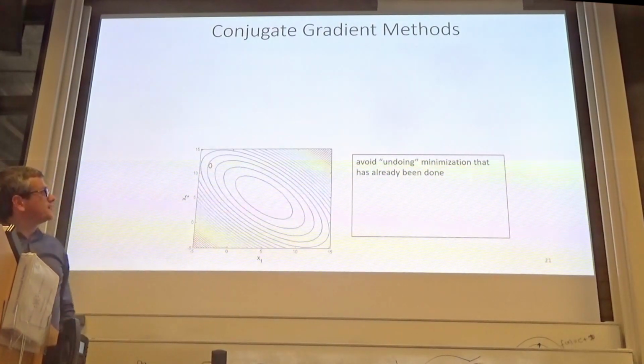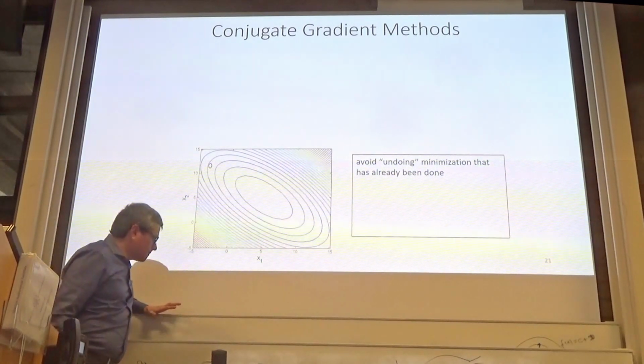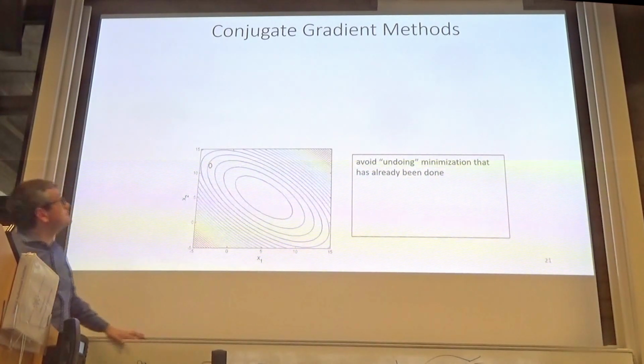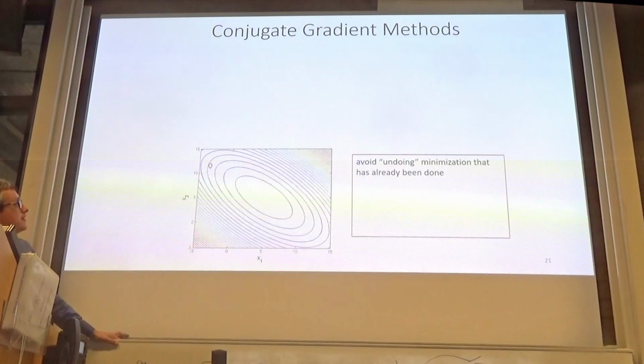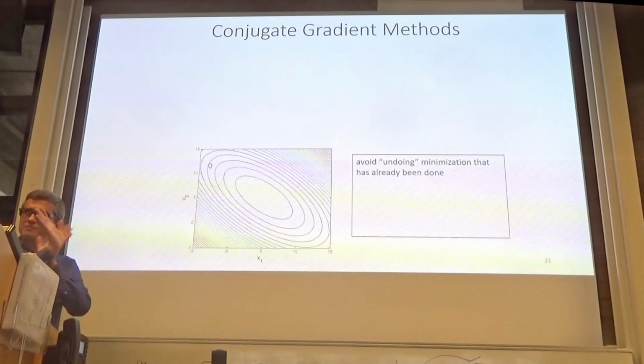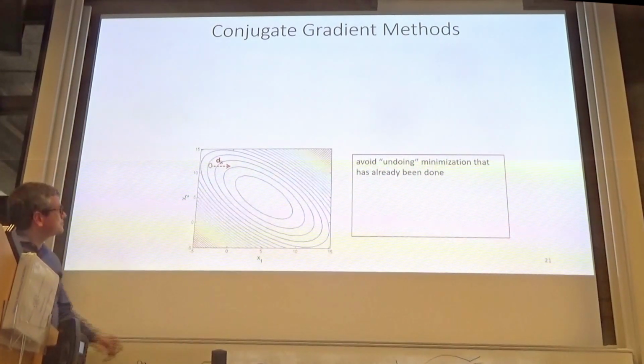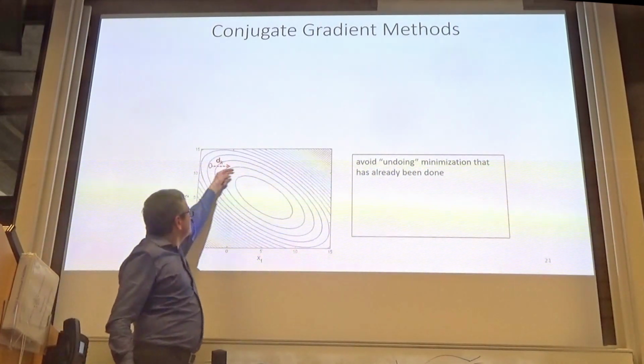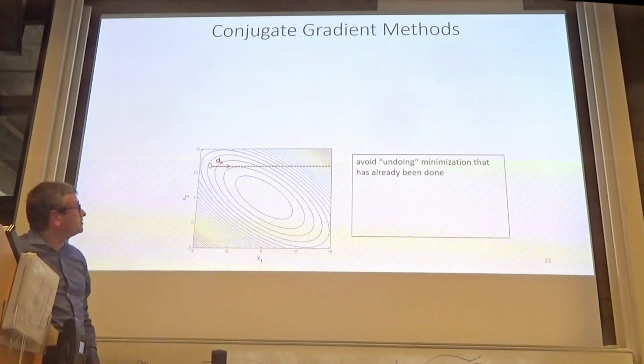One of the first ideas on how to pick directions was conjugate gradient methods. The idea is, this gradient is giving me trouble because of this perpendicularity, so let's use a method that somehow avoids that. Let's do the animation.